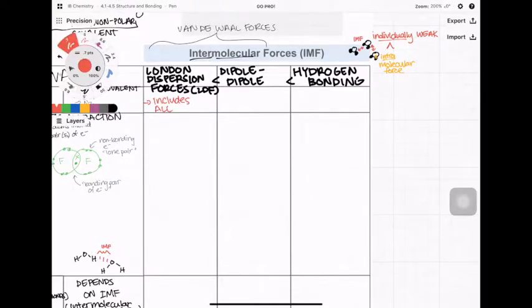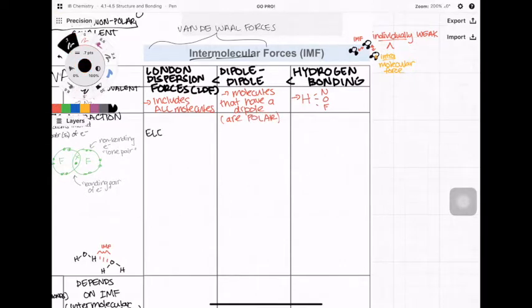Now let's take a look specifically at what kind of molecules have these forces. When we're talking about London dispersion forces, it includes all molecules. When we're talking about hydrogen bonding, we're talking about things that have hydrogen that is bonded to nitrogen, oxygen, and fluorine. And then finally, dipole-dipole forces occur in molecules that have a dipole or are polar.